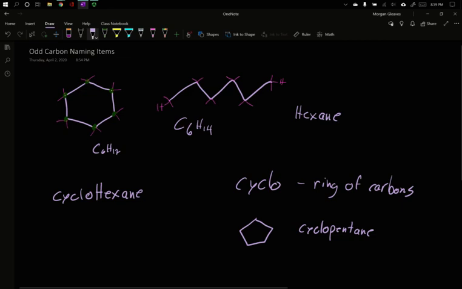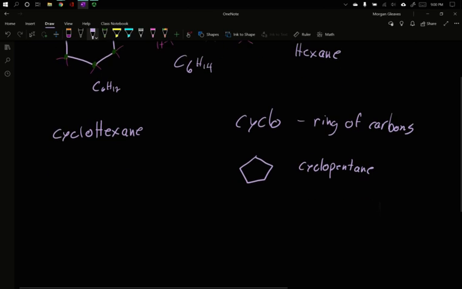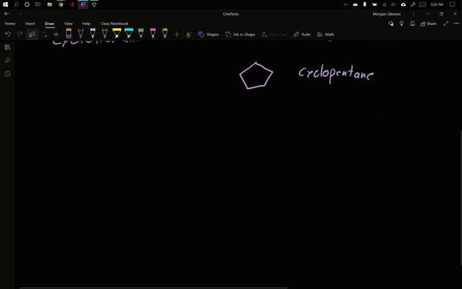And you can get bigger. Cyclooctane tends to be the upper size of what we can make in labs, though biological molecules can have 20 or 30 atoms in a ring. So cyclos are an important but occasionally odd component of naming carbon systems.